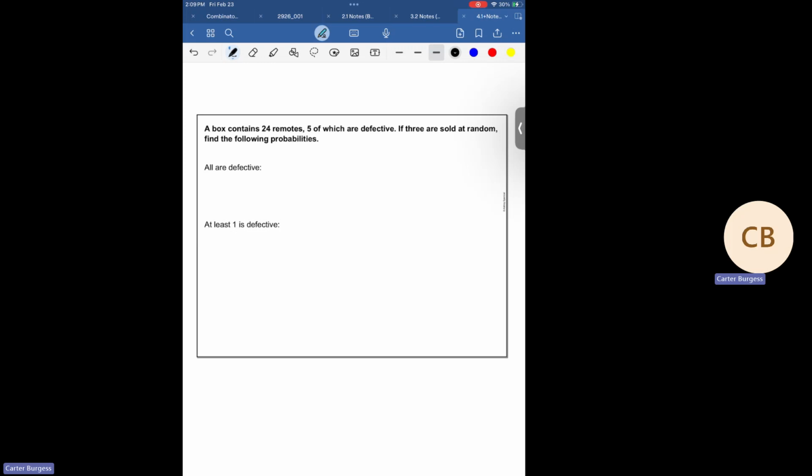It says exactly 2. I'm looking at the final page. Yep, very last example. Actually, it wouldn't be 21. So it would be 3.